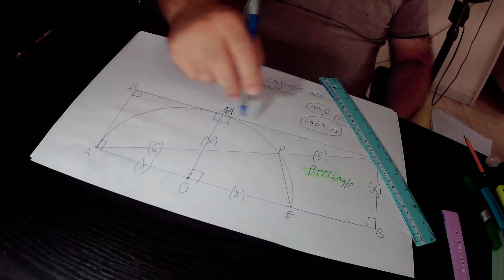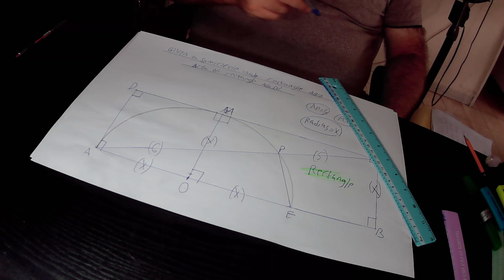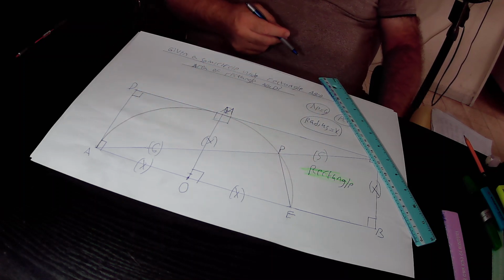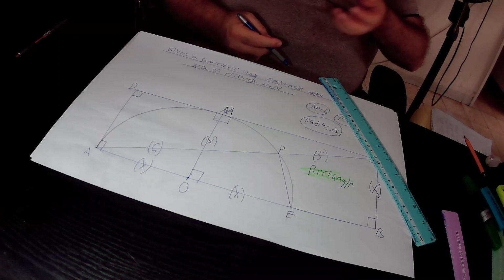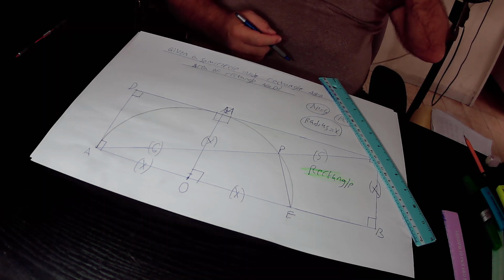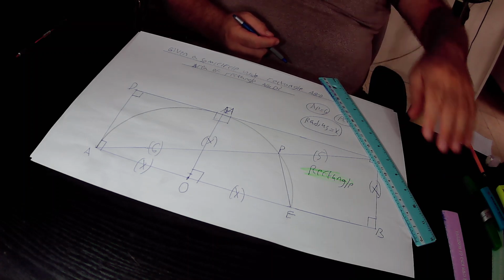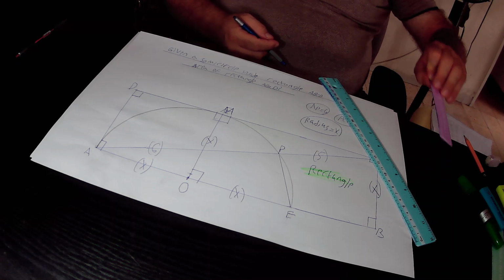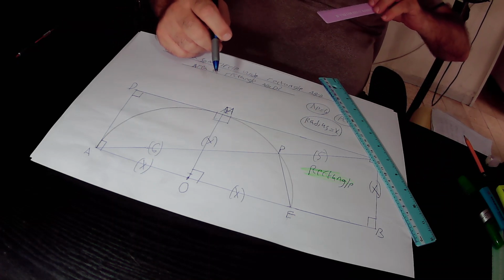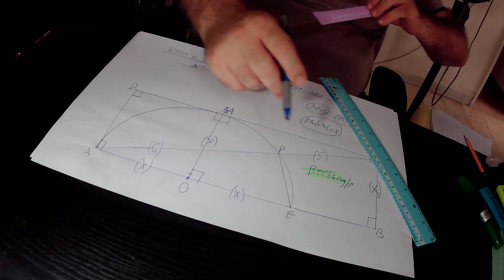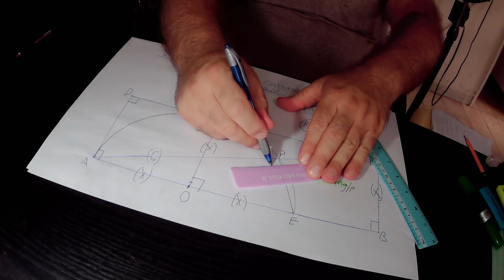This is peripheral angle APE that subtends on AE, the diameter of this semicircle, and we know that any peripheral angle that subtends on the diameter of a circle or semicircle must be equal to 90 degrees in its size, according to rule 7. Therefore, peripheral angle APE must be equal to 90 degrees, according to rule 7.